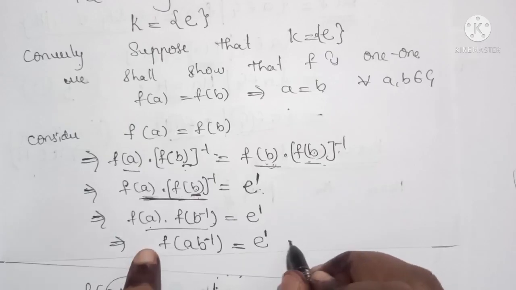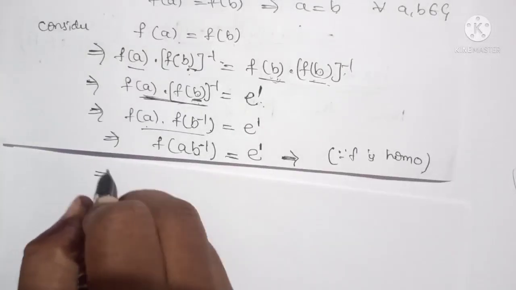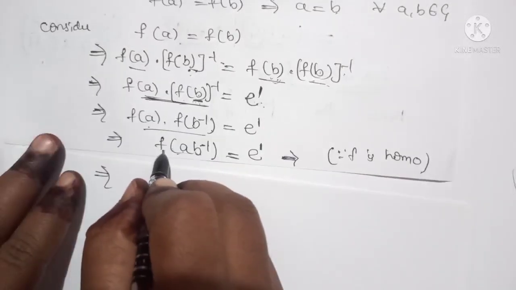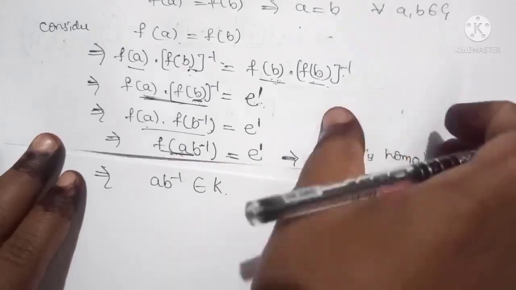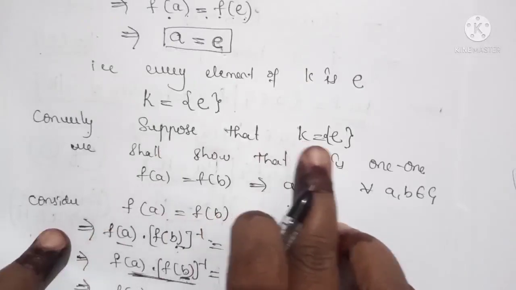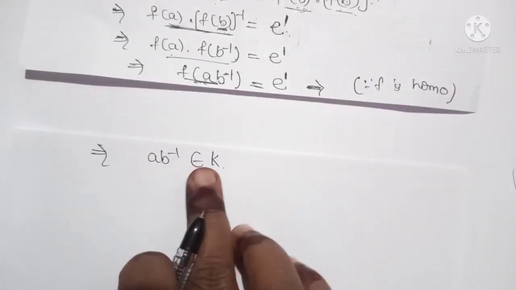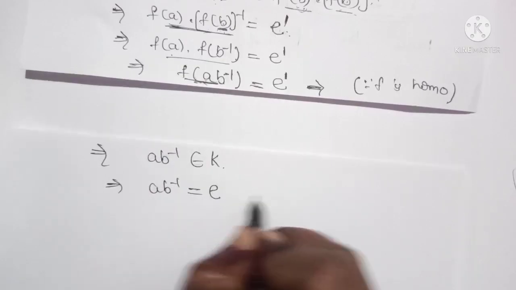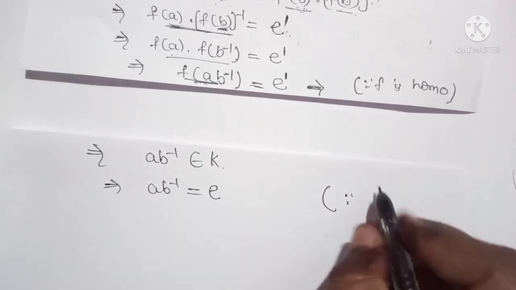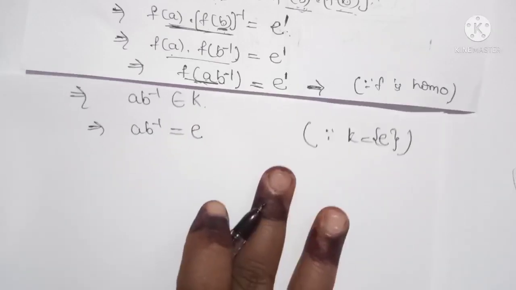It implies that this a b inverse belongs to K, but we have that K equals e. That means all the elements of K equal the identity element e. Since a b inverse belongs to K, we have that a b inverse equals e.